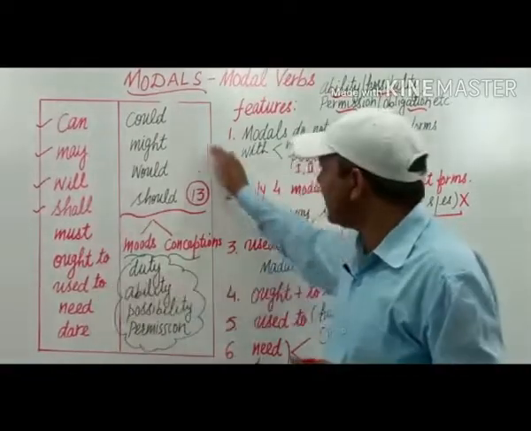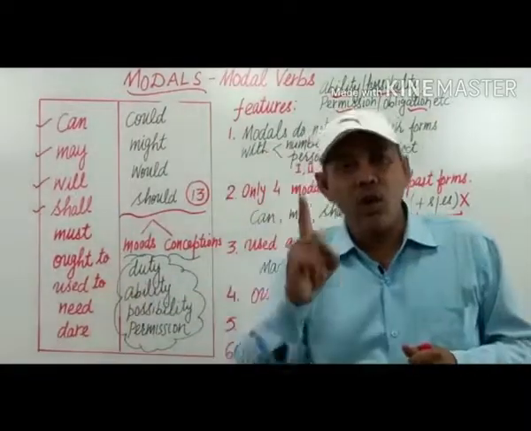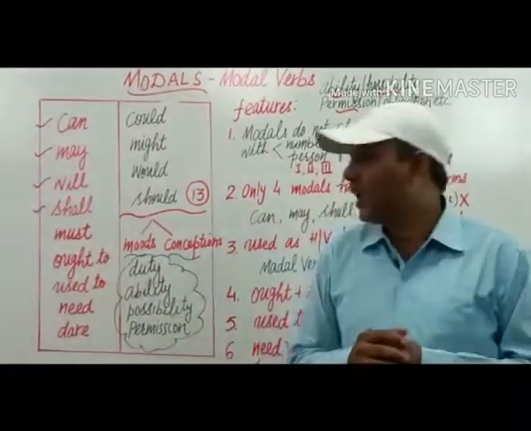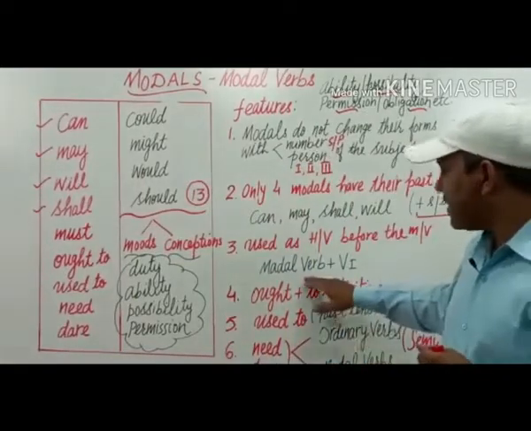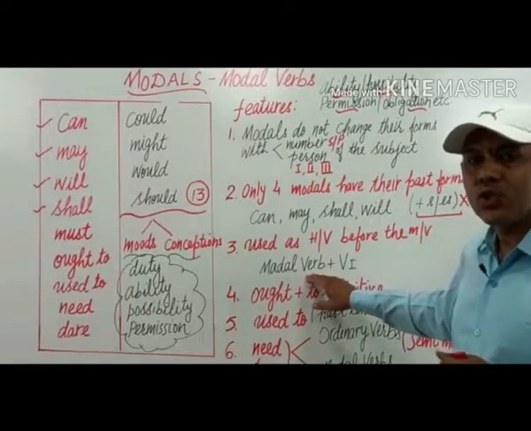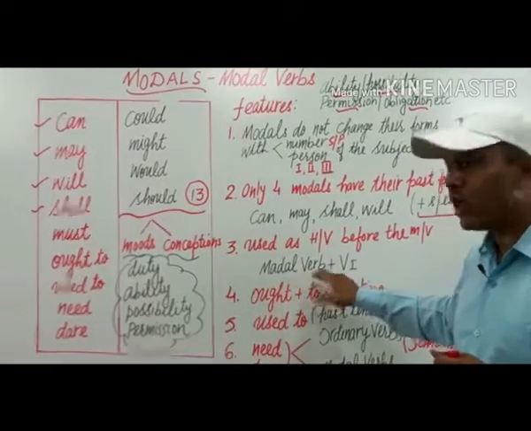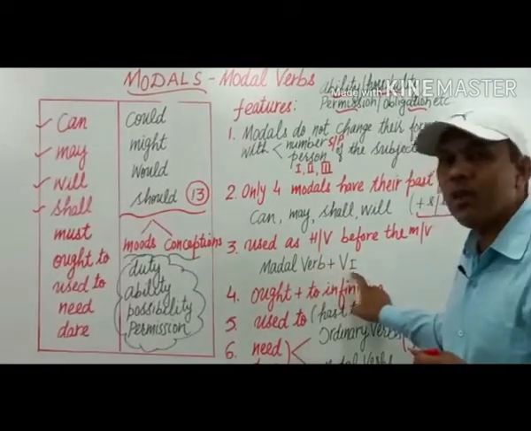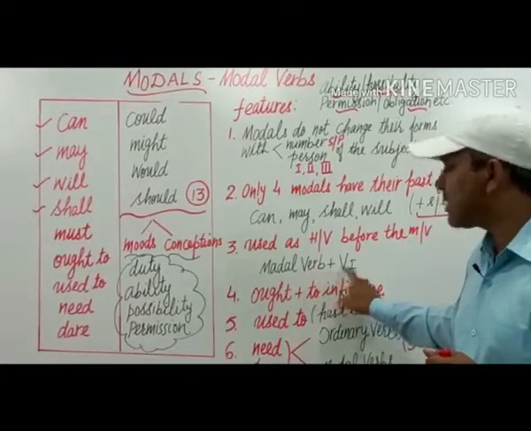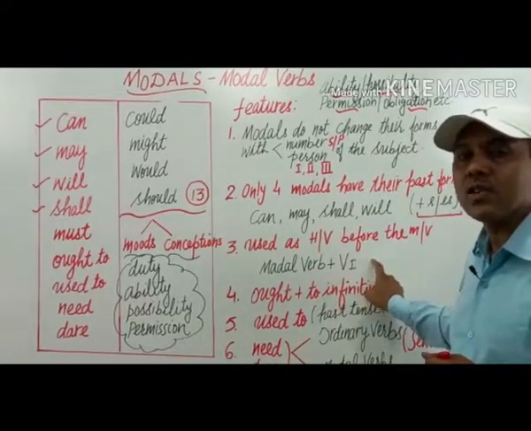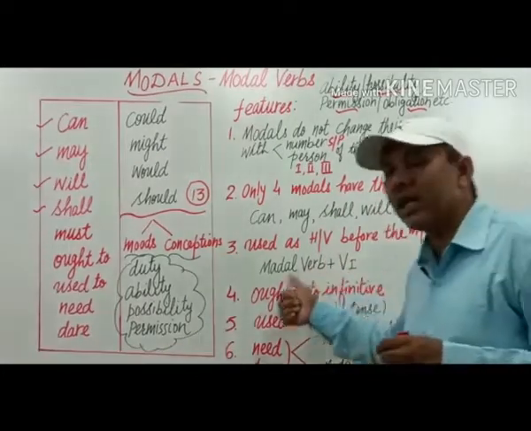These 11 modals are used as only helping verbs. Now, every modal verb is used before the first form of verb. Modal verb plus V1. This is the structure of use of modals in a sentence.